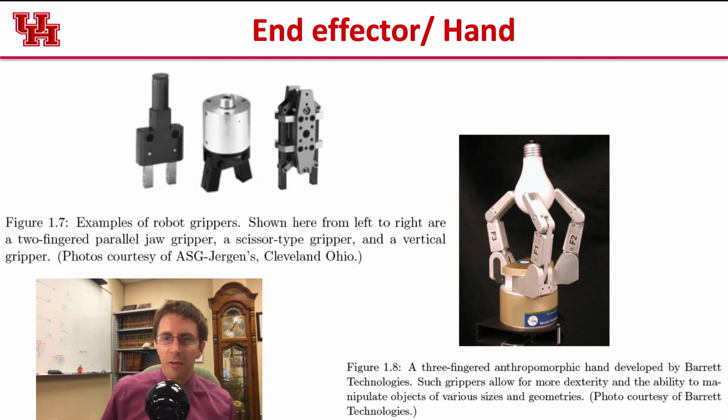Whereas this 3-finger robot end effector, shown down here on the right, costs several times that. And so the big reason is we can simplify a lot of our math if we have a parallel jaw gripper, and we can design the test so that the parallel jaw gripper can accomplish everything we want. The principle of parsimony. We want the simplest solution that works.